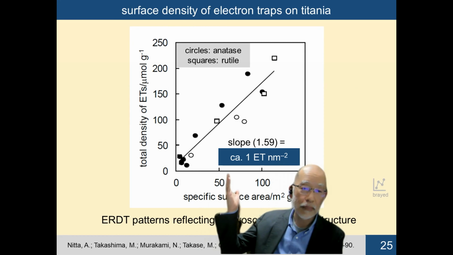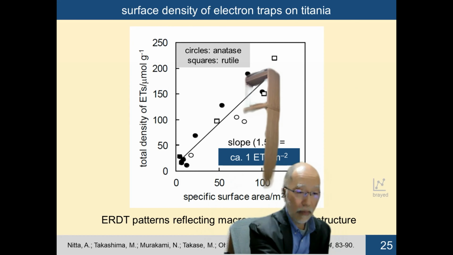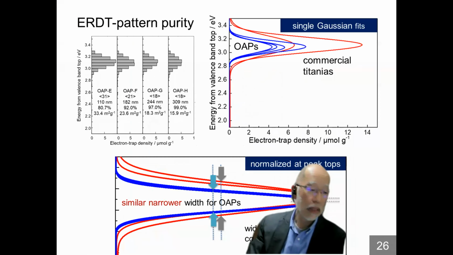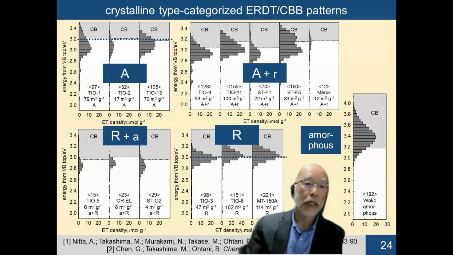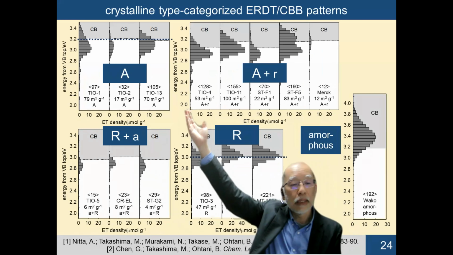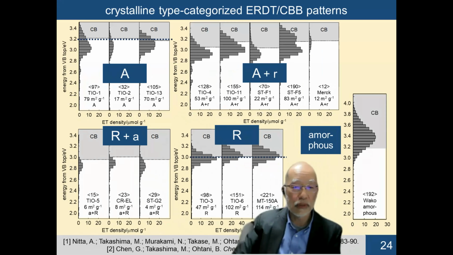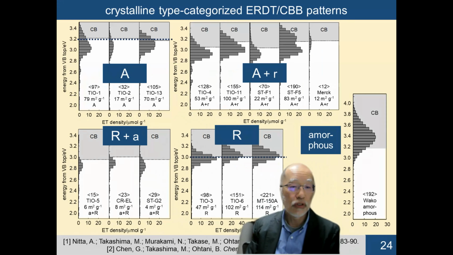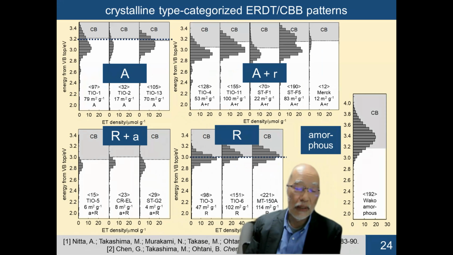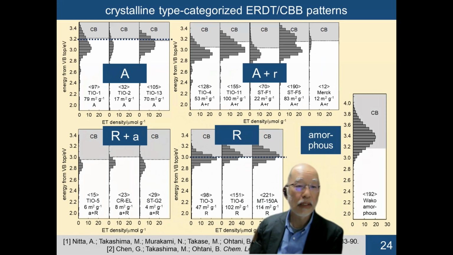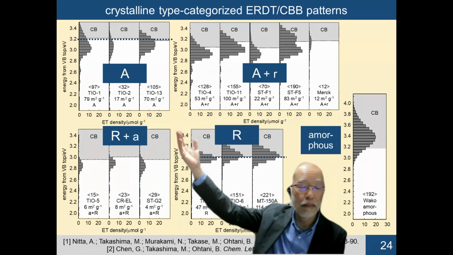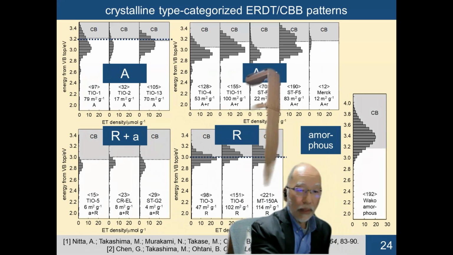For titania, about 1 electron trap per square nanometer is obtained. Therefore, we can say that the surface structure can be measured by using this technique. Although there is no real structural data, if the surface structure is different, the ERDT pattern must be different.